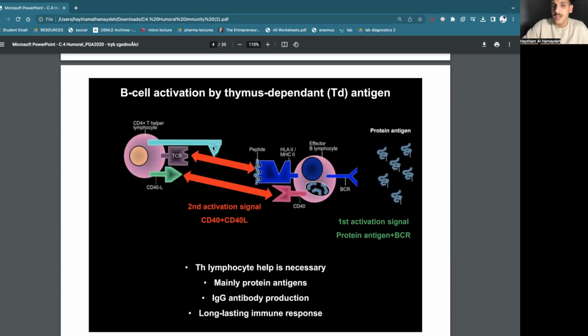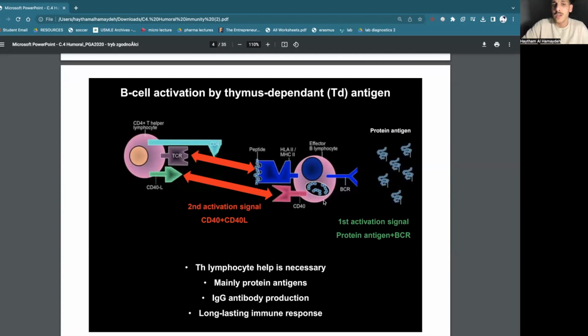The second way is CD4 binding to the same MHC2 on a different place, okay? So that's 2. The third one is that a CD40 ligand found on the CD4 binds to a CD40 receptor on the B cell. Okay?